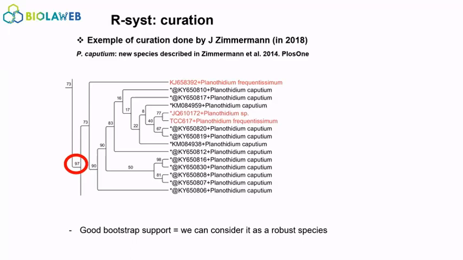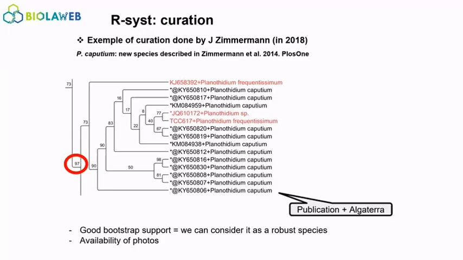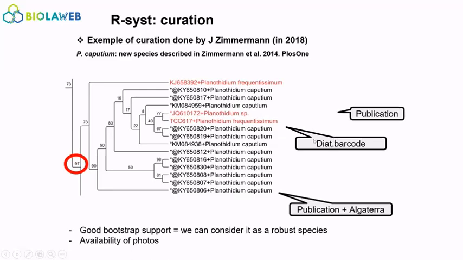So what do we have to do? We have to go back to the publication and have a look at the photos. For all this Planotidium capucium, there is a publication, and there are photos available on this website, so we can check if the identifications are correct. Here, Planotidium frequentissimum is coming from our culture collection, so again it's possible to check the photos on the website.